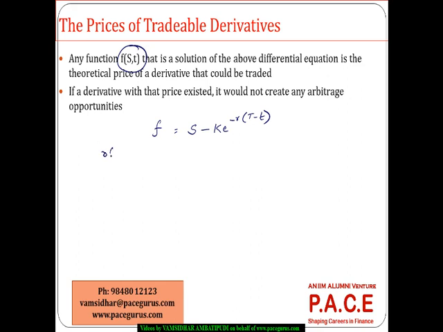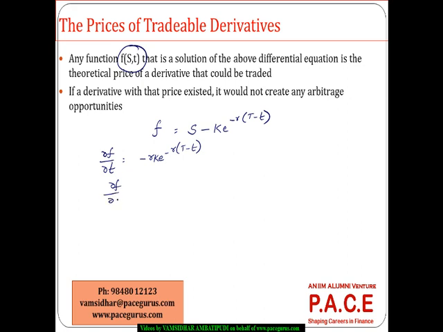Now here I can find ∂f/∂t. ∂f/∂t for me is minus r, so e to the power of minus r(T-t), minus K e to the power of minus r(T-t), and these are three minuses, so there is still a minus.